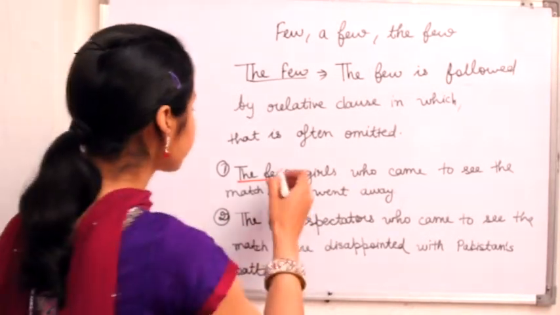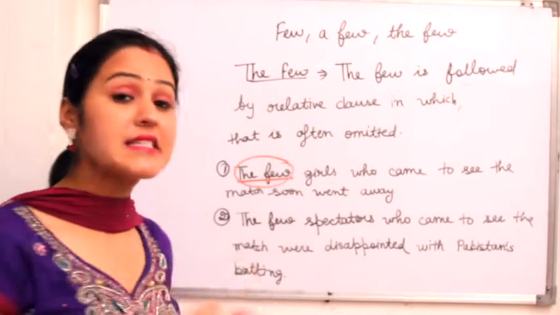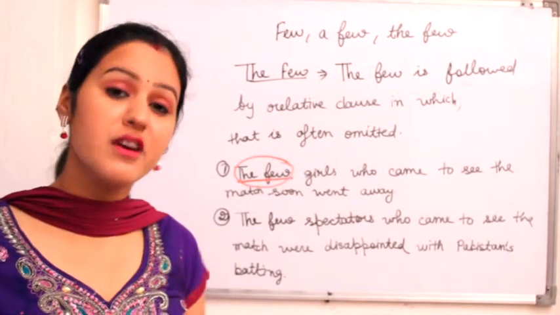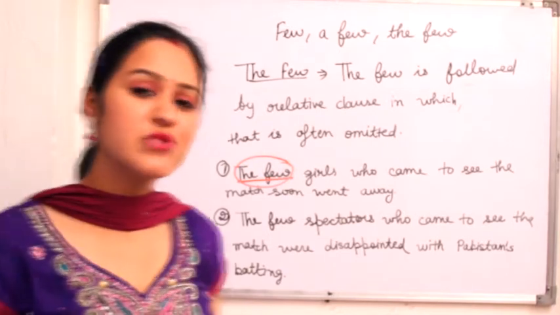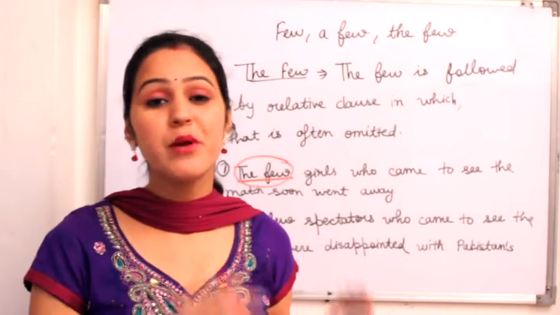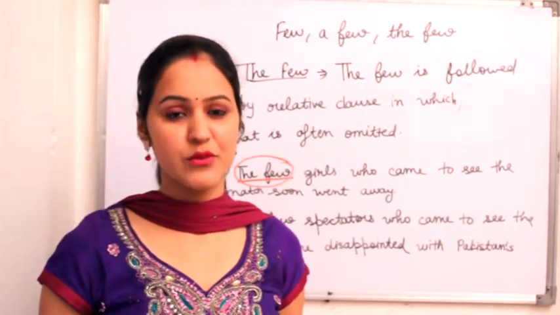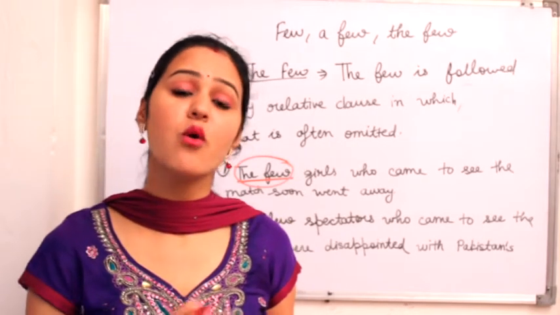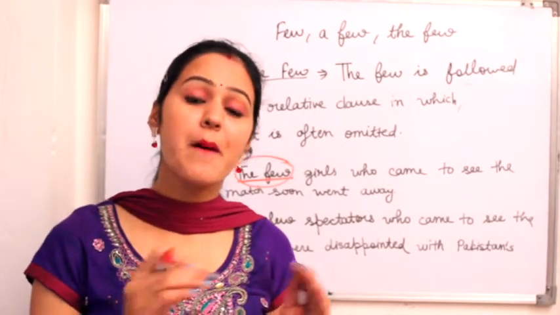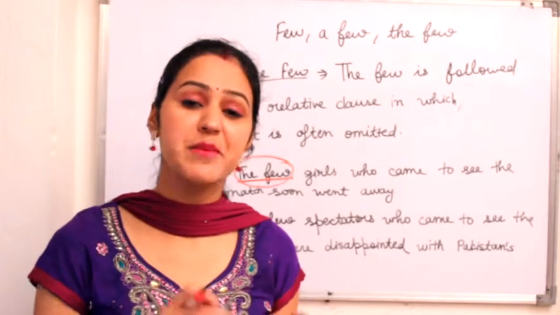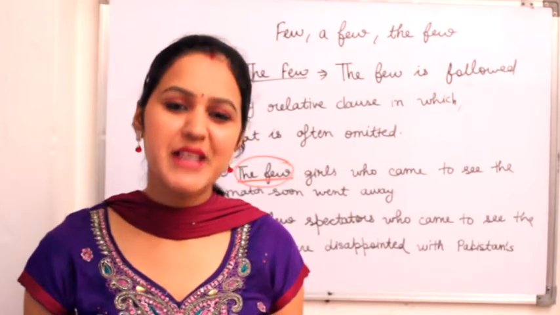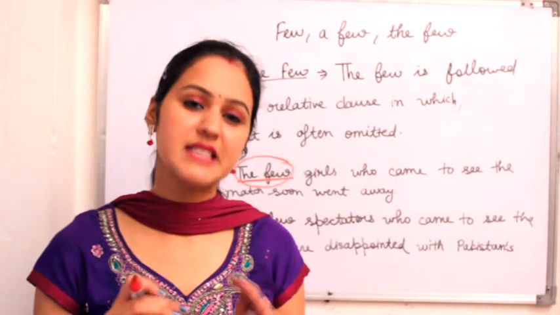So it means there are a number of girls. That's why it is counted in plural cases, when we are talking about more than one thing, person or place, it is in plural noun sentences.